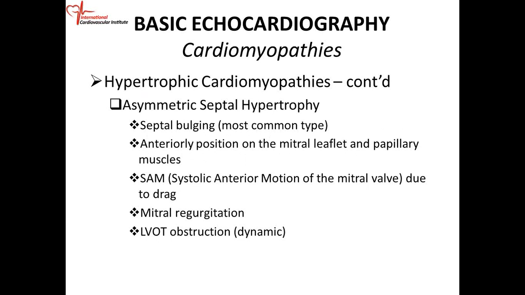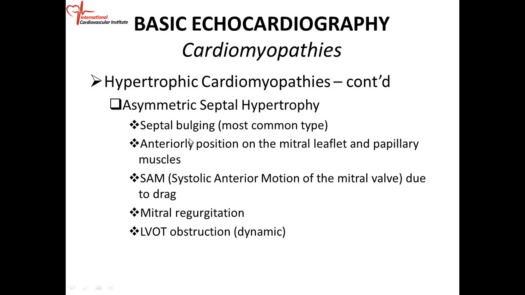In systole, the mitral valve moves towards the left ventricular flow tract, so it moves anterior into the left ventricular flow tract, and that can give rise to obstruction. It can obstruct the left ventricular flow tract.